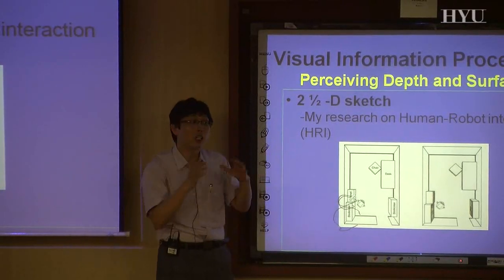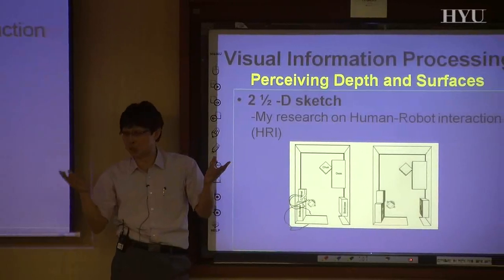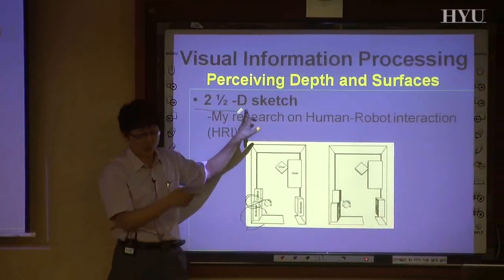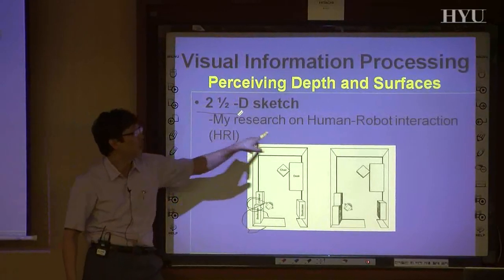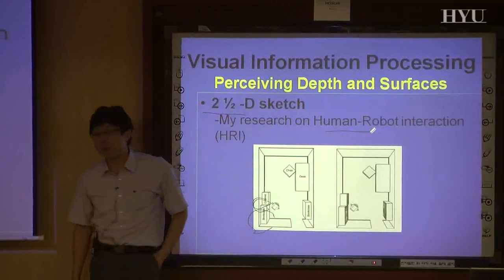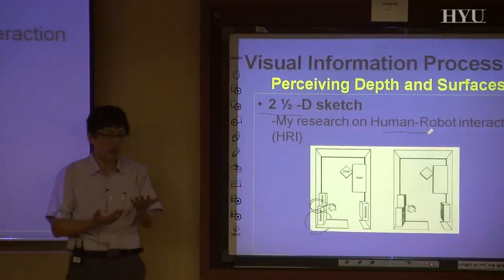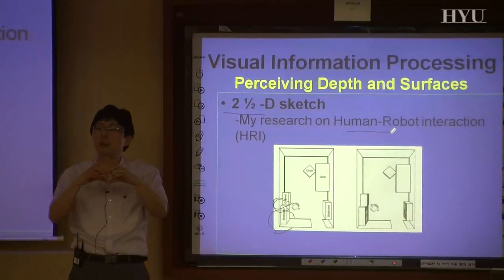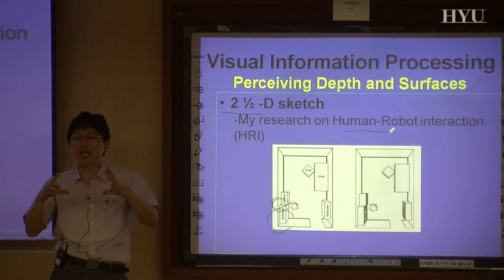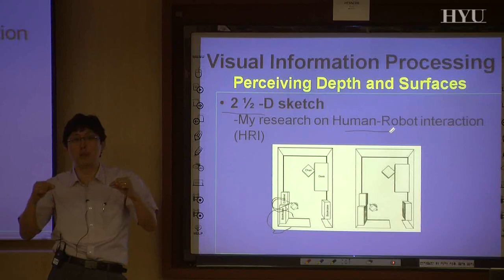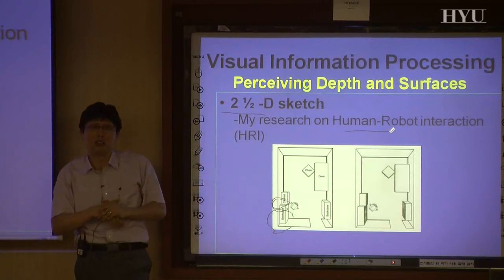That's why, as a compromise between 2D and 3D, our textbook says 2.5D, and this one is my experiment for robot control. So what we made is a tablet PC, similar in size to the iPad. So I made the iPad show a 2D map of these particular rooms.